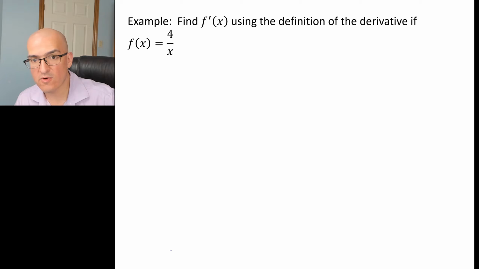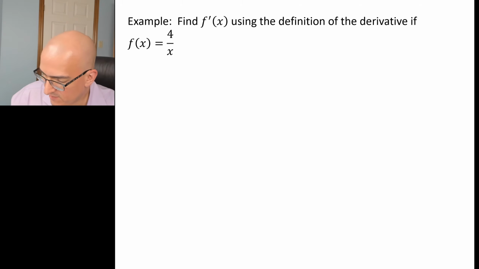f of x is 4 over x. I'm going to go through the same steps. I'm going to find f of x plus h. Well, I don't want to just number the steps. I want to write down the goal.